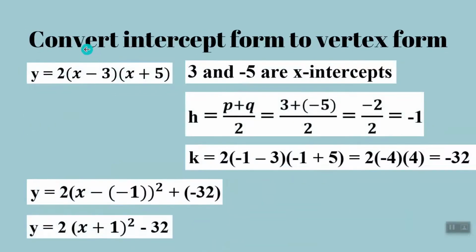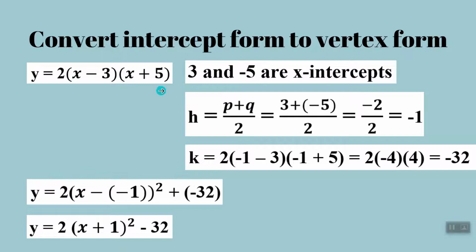In the second example, we need to convert intercept form to vertex form. First of all, when we check the function, we can identify the intercepts one by one. Because in the intercept form, let's remember, y equals a times x minus p times x minus q.